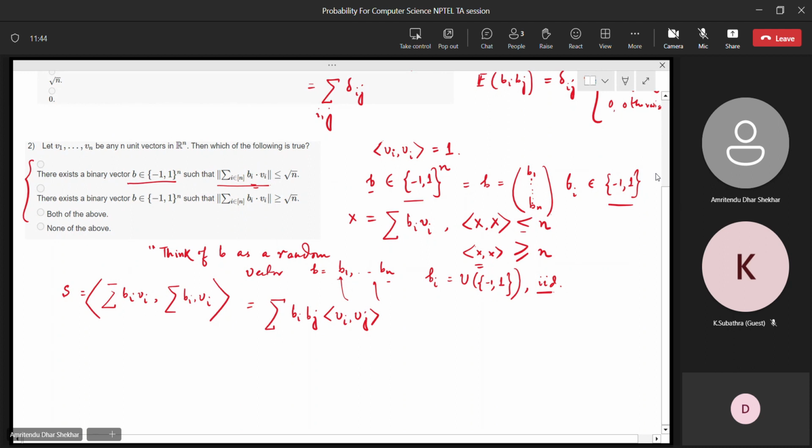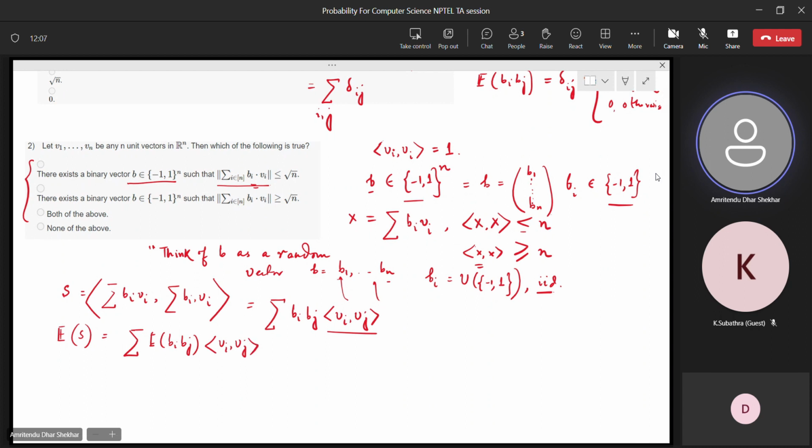Okay. Now let me take the expectation of S. So the expectation of S is equal to the sum over i, j of the expectation of b_i b_j times ⟨v_i, v_j⟩, and this is a constant because these are fixed vectors, so they just remain. This is by the linearity of expectation.